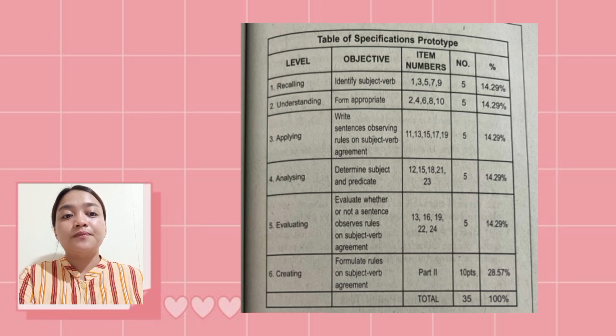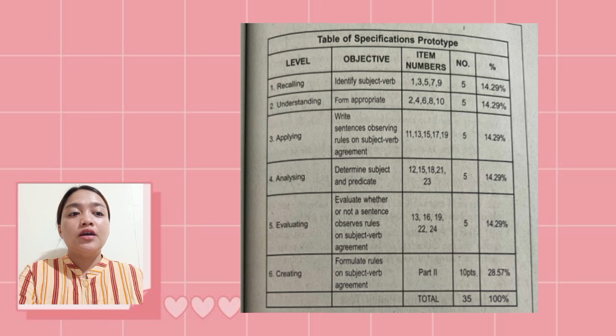And level 2 is understanding, and the objective is from appropriate. So, here are number 2, number 4, number 6, number 8, number 10. So, 5 items also in all. So, 14.29%. And level 3, which is the applying, the objective is write sentences observing rules on subject-verb agreement.